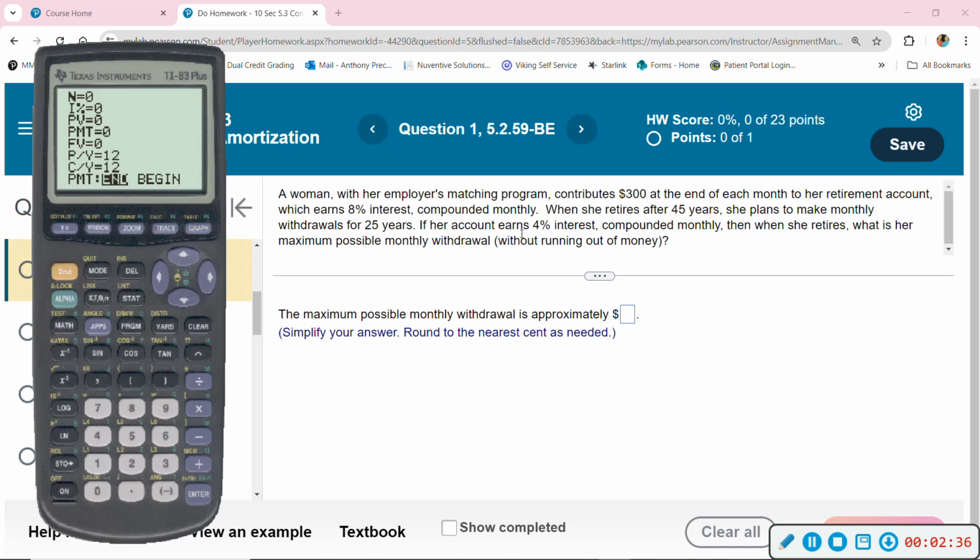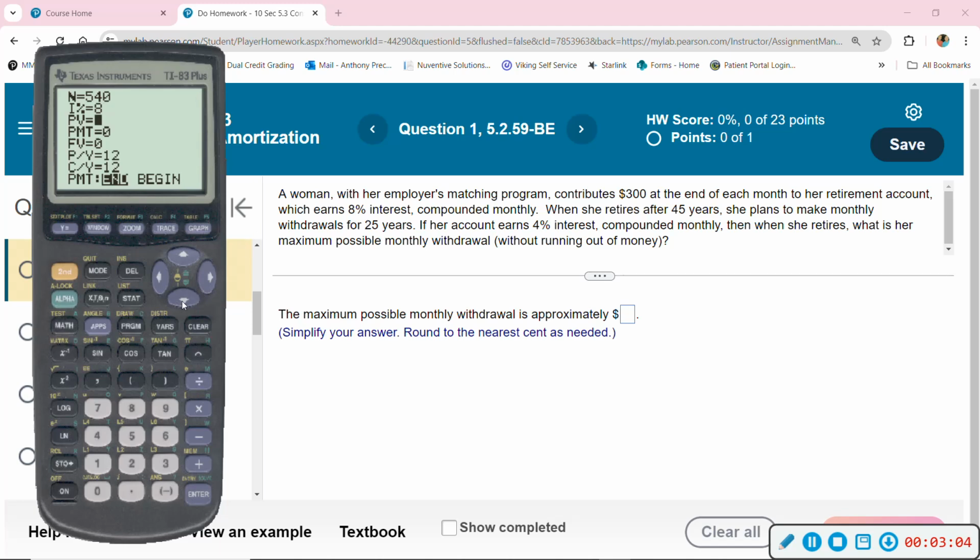Let's find out how much she saved over those 45 years. Well, if she saved this $300 for 45 years, there's 12 months in a year, she made 540 deposits, setting aside that $300 in her 8% account.